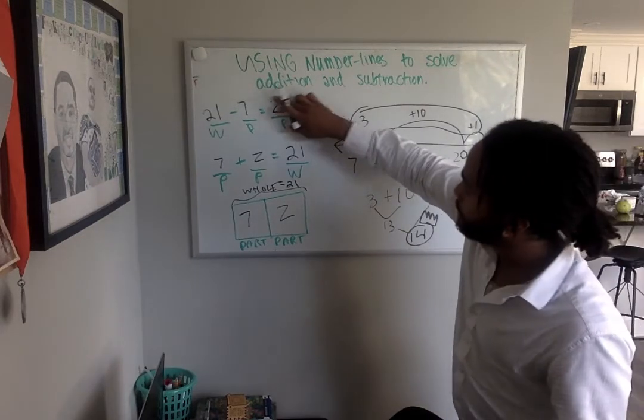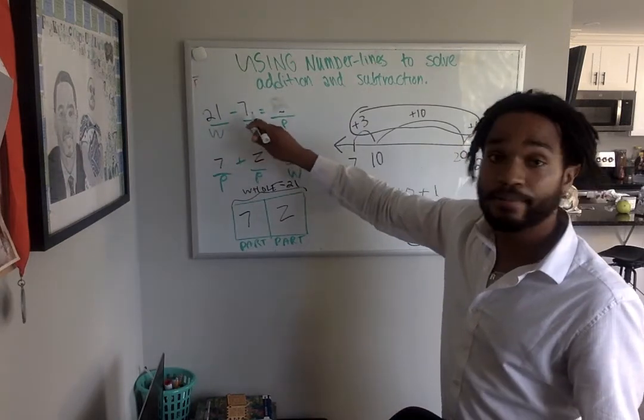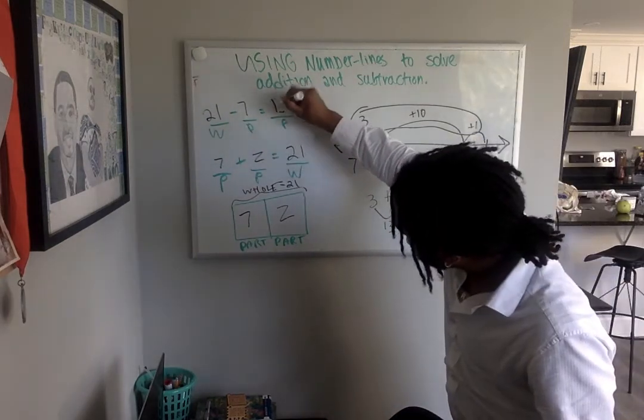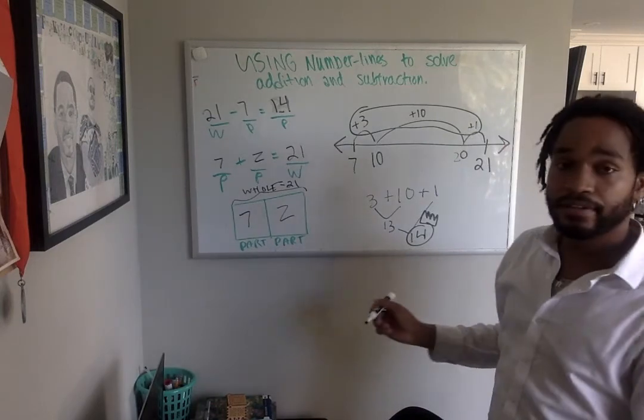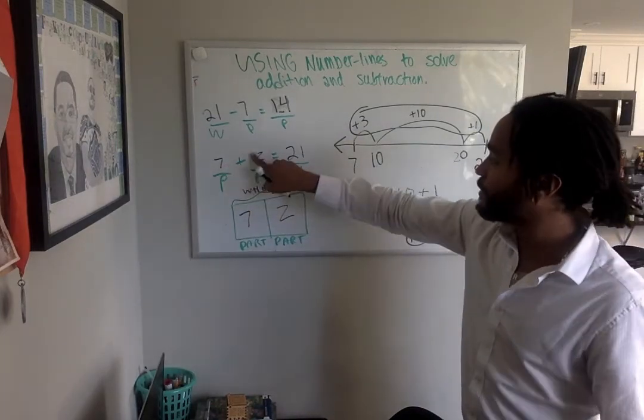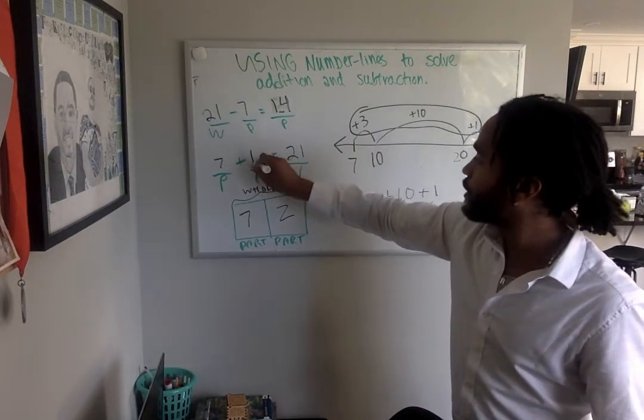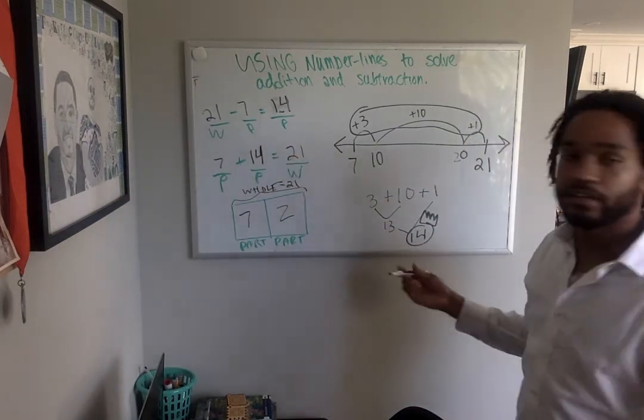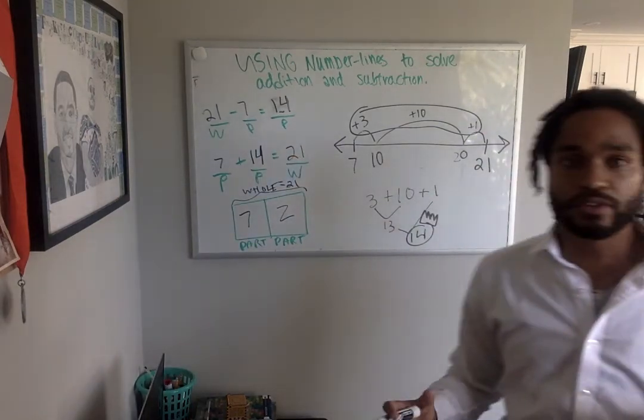That means that 21 minus 7 is 14. And that also means 7 plus 14 equals 21.